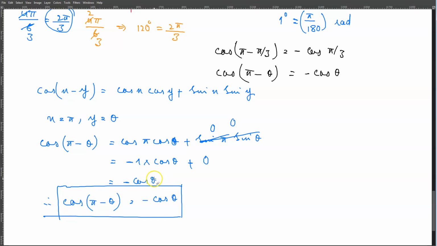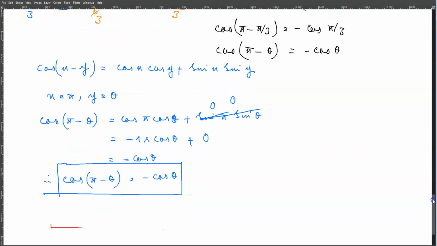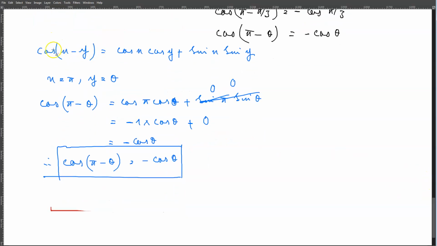So you have to get yourself a bunch of these formulas, meaning that you have to play with all of these 4 formulas that we talked about: cos of x plus y, cos of x minus y, sine of x plus y, sine of x minus y. And then you have to go into the unit circle. You have to start from pi by 2, for example.